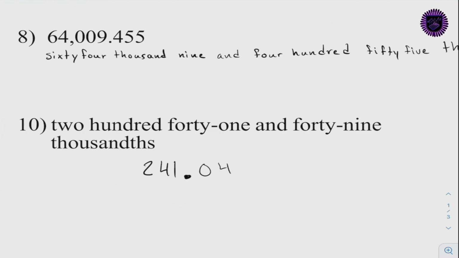Tricky. 49 thousandths. That's a 9. Sorry, it's messy. I'm going to redo that. Oh my gosh, what's going on with my 9s? 241 and 49 thousandths. Tricky. It's kind of different writing it backwards and forwards like that.